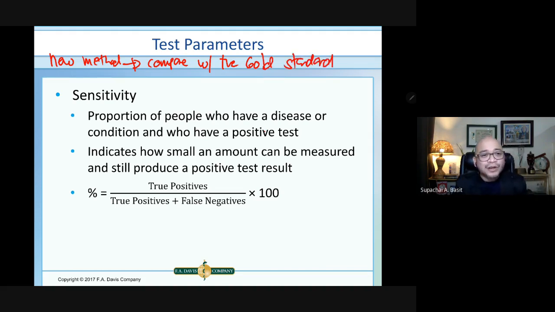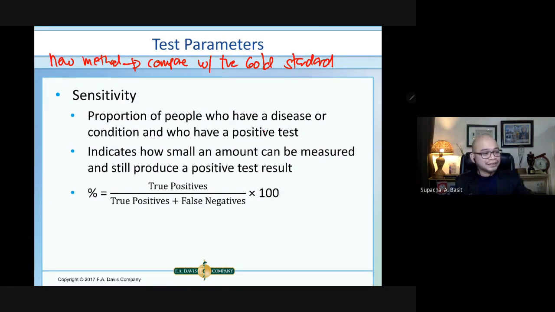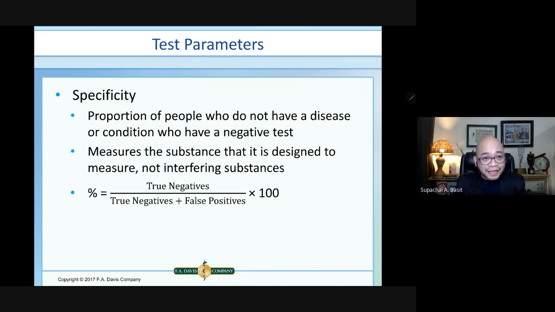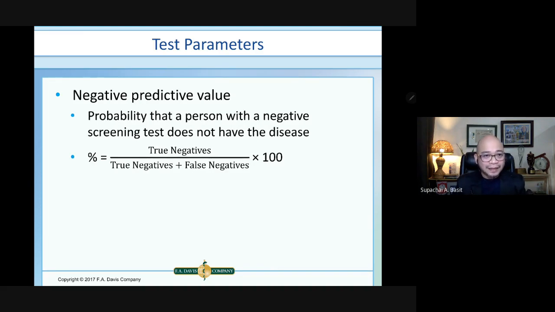And when we say comparing it with the gold standard, we can determine 4 parameters. These parameters include sensitivity, specificity, positive predictive values, and negative predictive values.